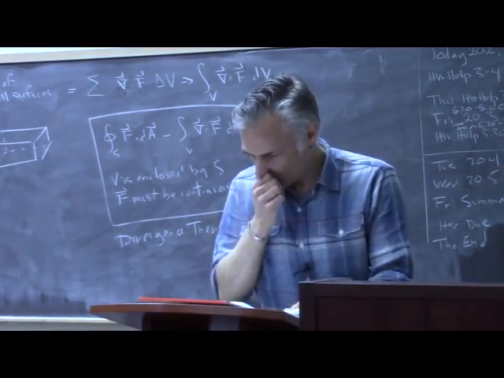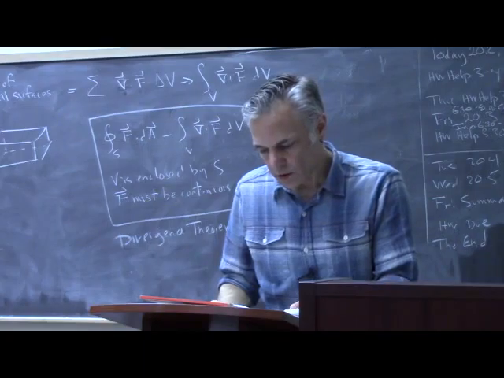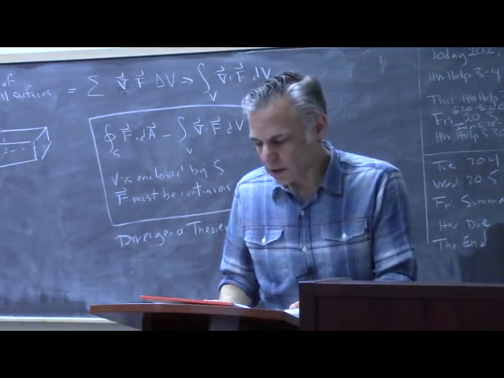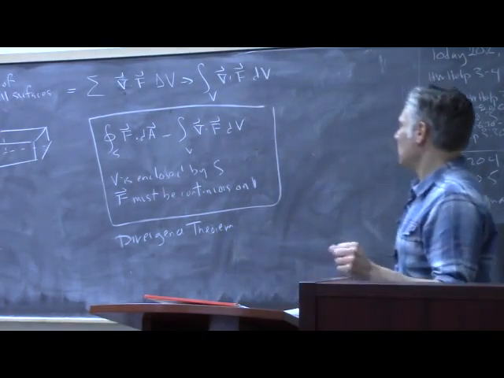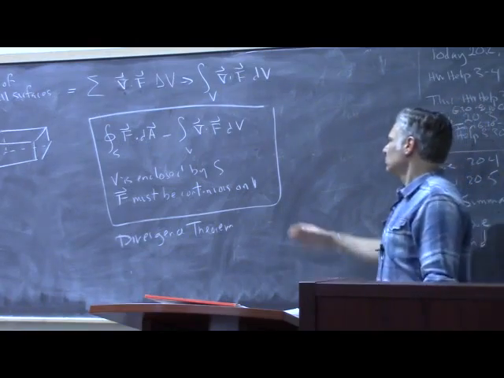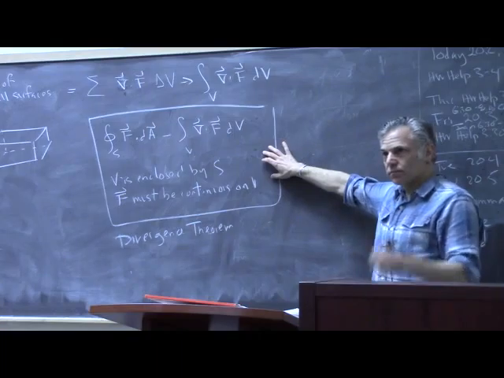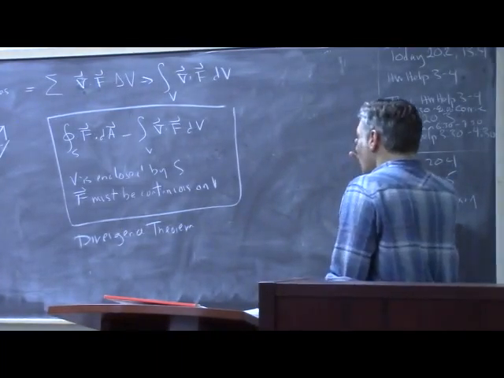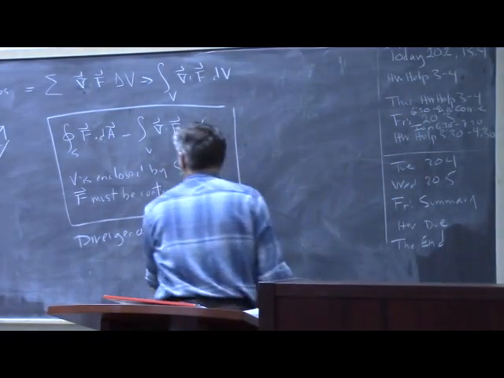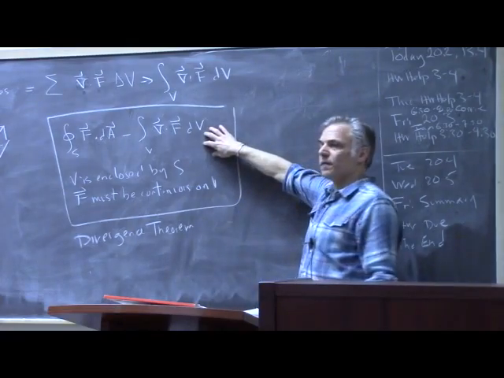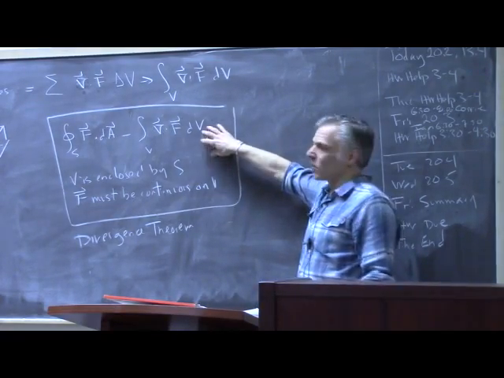All right. So let me say 5 to 10 minutes more of things about this, and then we'll start putting this to use for us. So the first thing I want to say is that this is another form of the fundamental theorem of calculus.